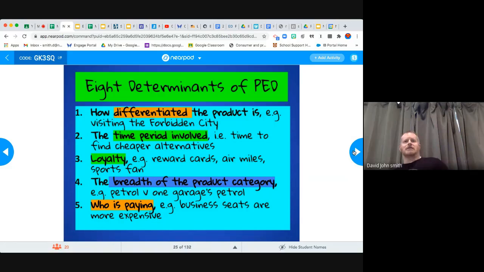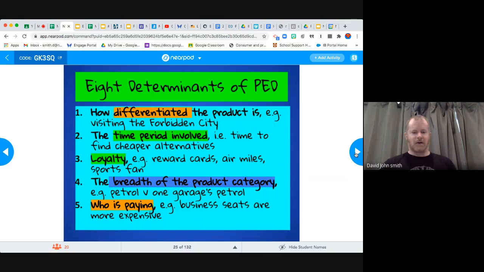So if it's the business, the company, they might be prepared to pay for you to go in first class seats or business class seats on the airline because it's a business cost. It's a write-off, as opposed to you, who might be more elastic in that decision and maybe go for the economy or the premium economy.